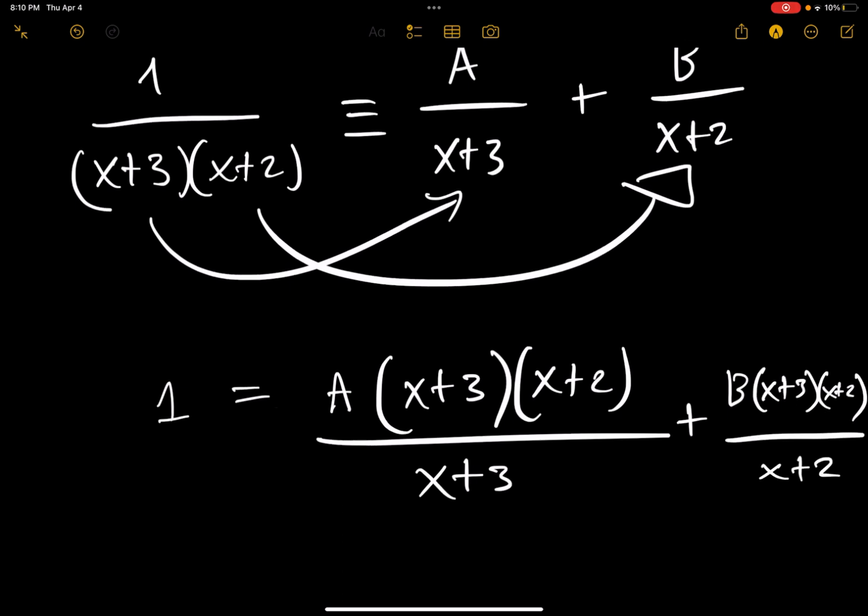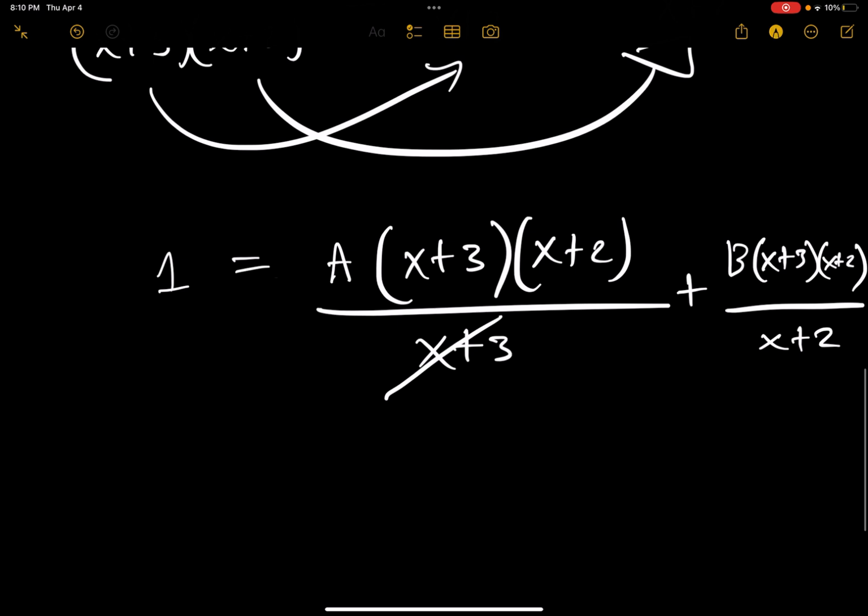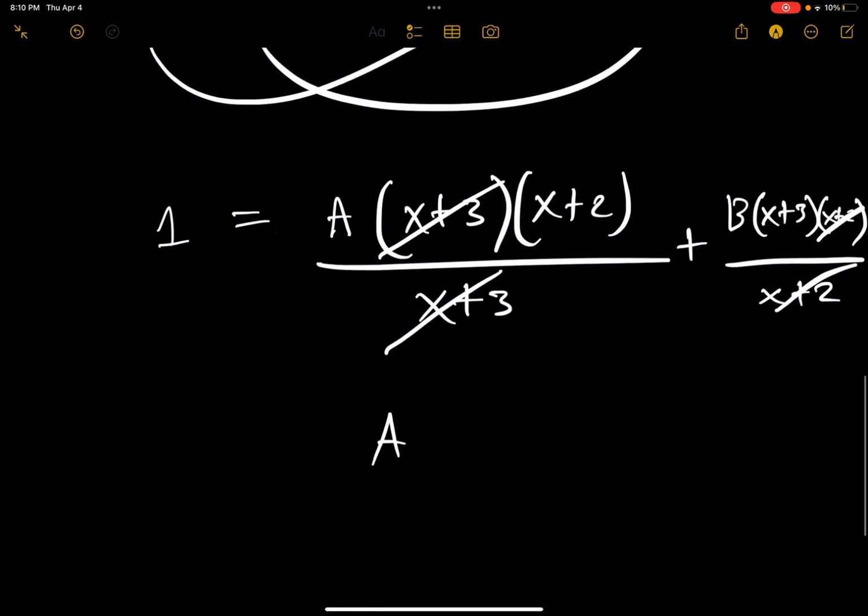Now, we do know that this will cancel out, as well as x plus 2, because of multiplication, so this can be simplified. And now we have a times x plus 2 plus b times x plus 3.